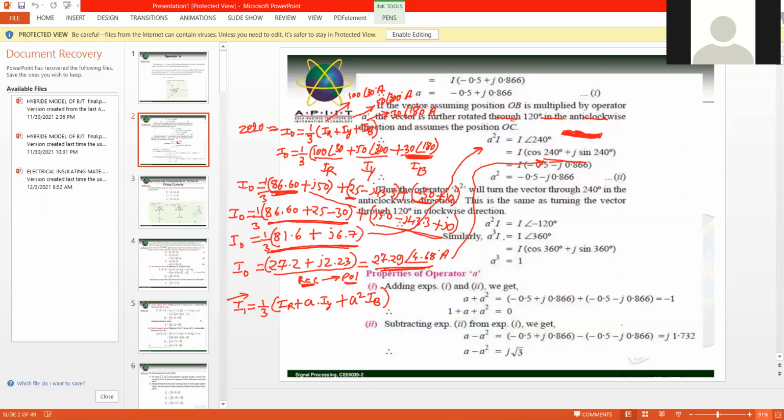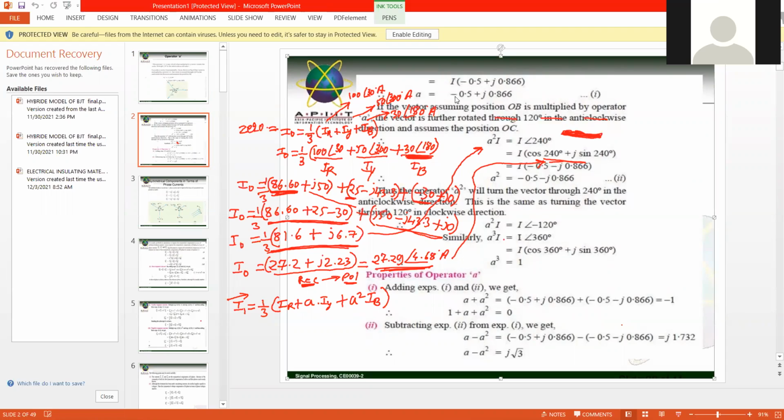Already we have calculated this a value. So these are the a values. Yes, all of you get this? Yes sir, we have already calculated it here. And a square also.